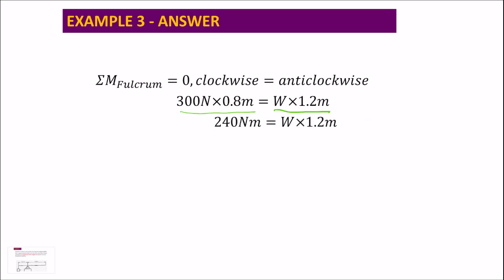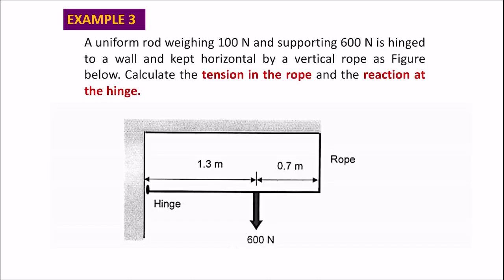So 240 Newton meter equals W darab 1.2 meter. Then you can get the value of W. It is 200 Newton. And kalau W dia 200 Newton, plank tu akan stable lah, which means dia akan in equilibrium. And we have the example 4 here.